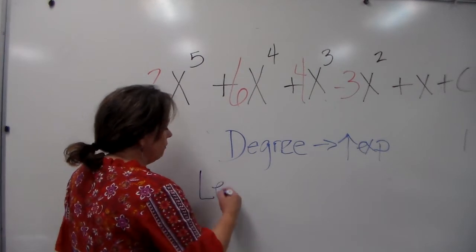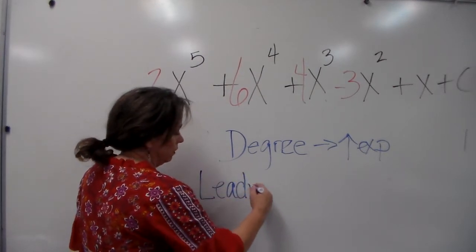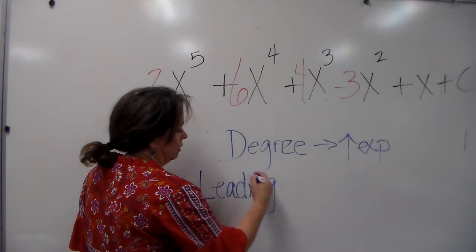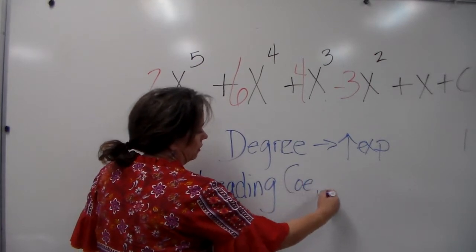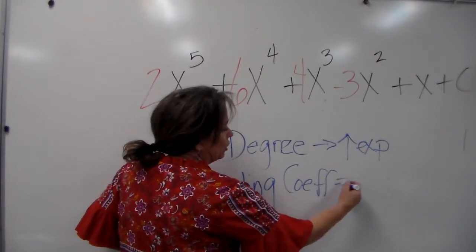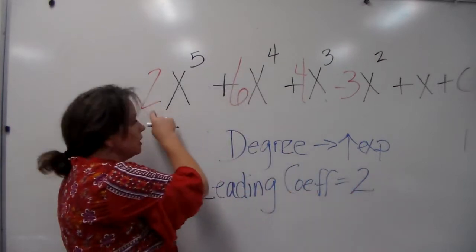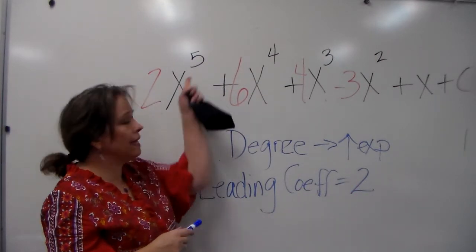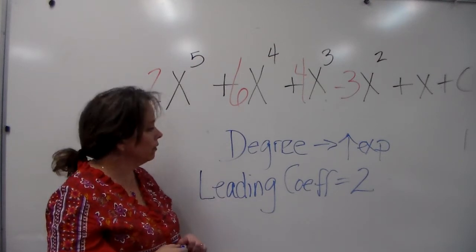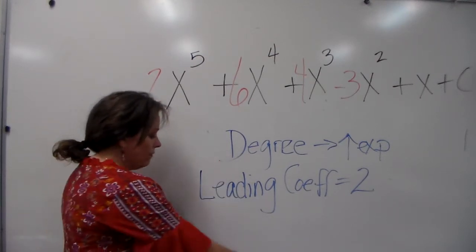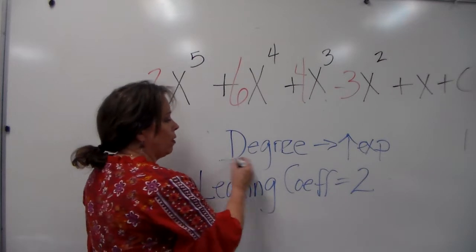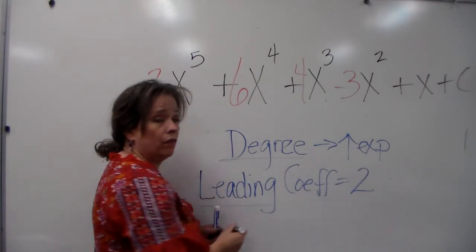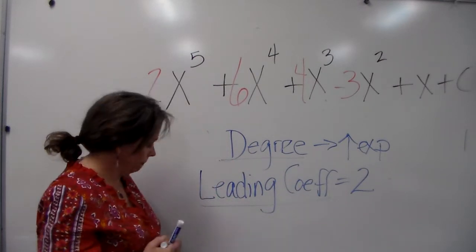And our leading coefficient would be 2, because it's the coefficient in front of our term that has our highest exponent, okay? So those are the definitions for our degree, for our polynomial, and our leading coefficient, okay?